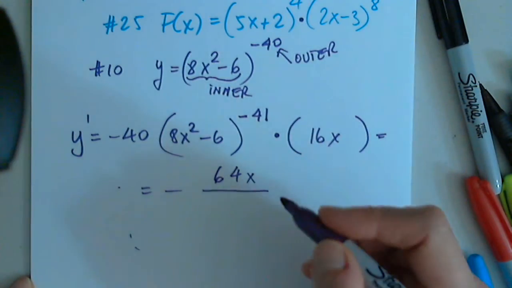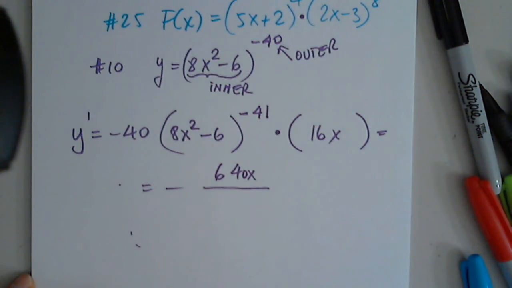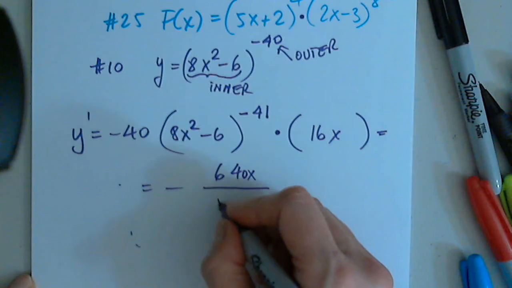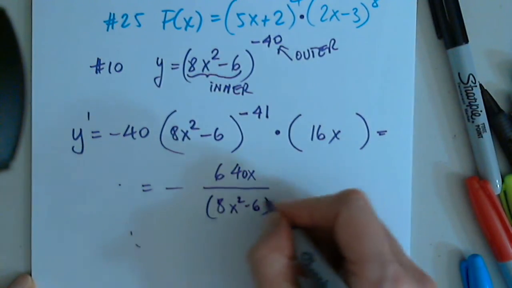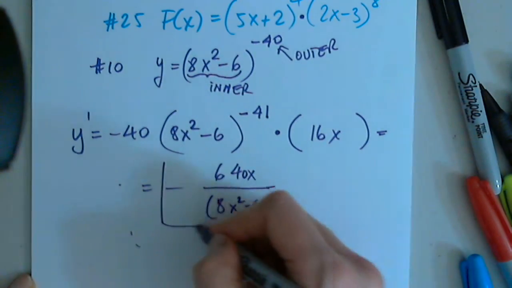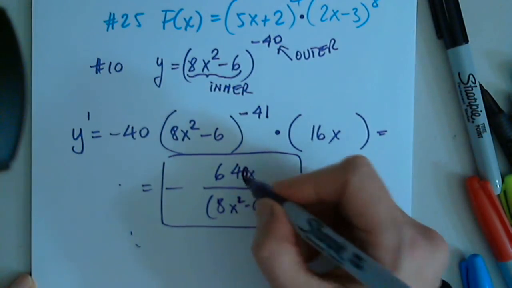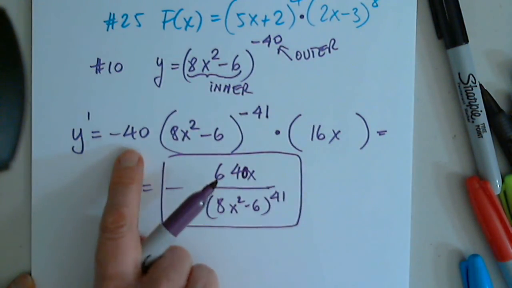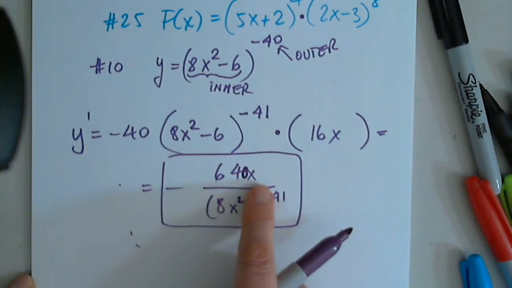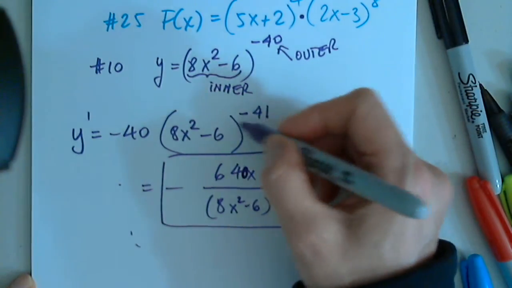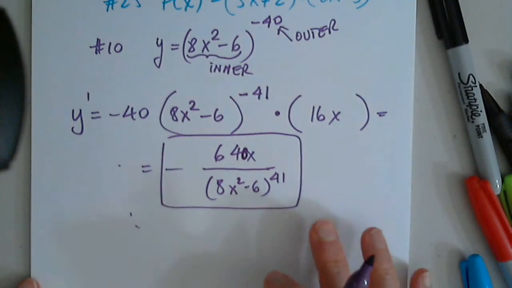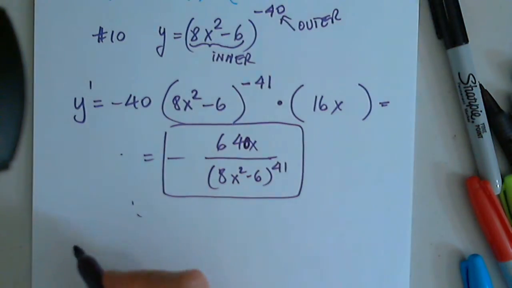Right? 64 with a 0. 640x over 8x squared minus 6 to the 41st power. I multiplied negative 40 by 16, I got negative 640x, and this has a negative power, goes to the denominator. Done. Now we're ready for one more.